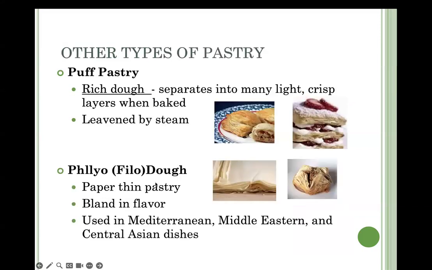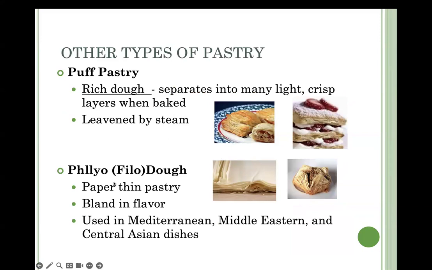Your puff pastry, all right? Our puff pastry, it's a rich dough, so it has butter or fat in there. It separates into many light crisps. If you've ever had like spanakopita or what is this over here? The Neapolitan cake. It is leavened by steam.